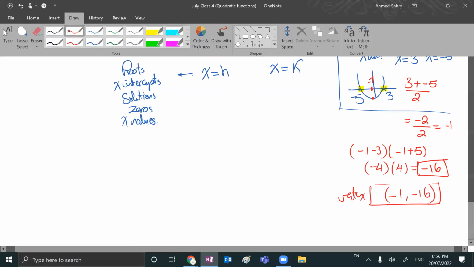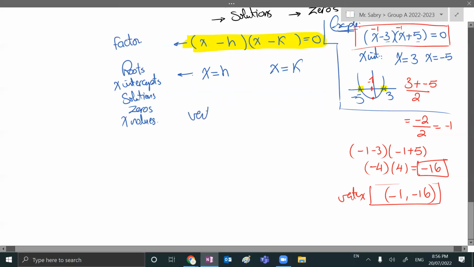So if I want to give you a rule on how to find the vertex from the factor form, you just need to take these two numbers with opposite signs, add them to each other, and then divide by 2.